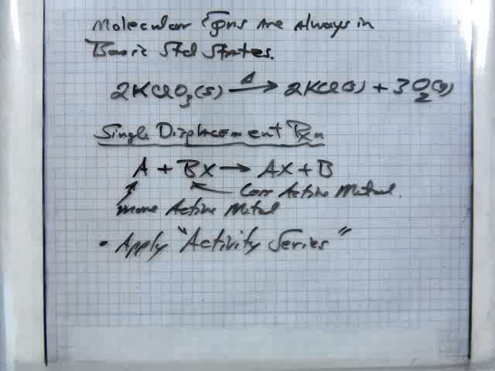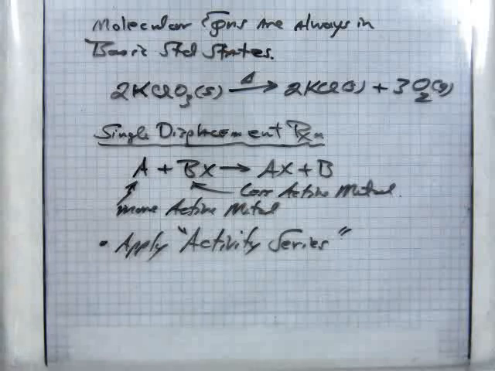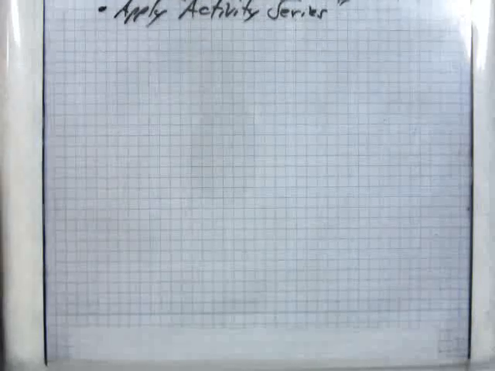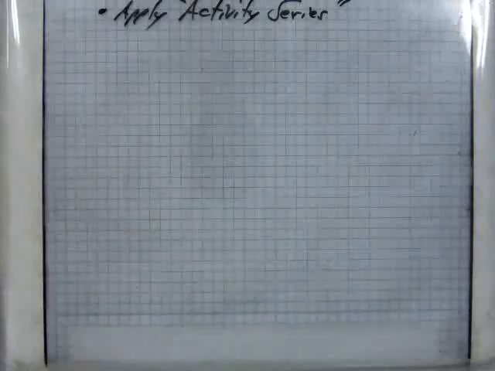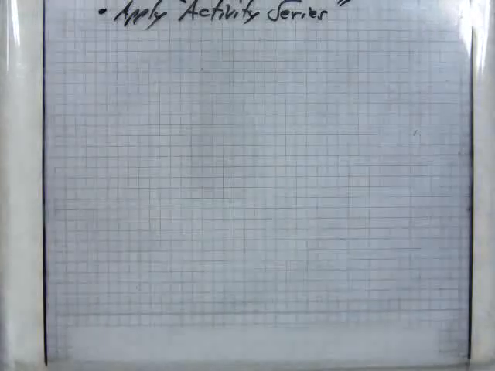The activity series of elements is a listing of metals from most active to least active. And this table will kind of give you an illustration if you need it. I'm not asking you to memorize this for sure.